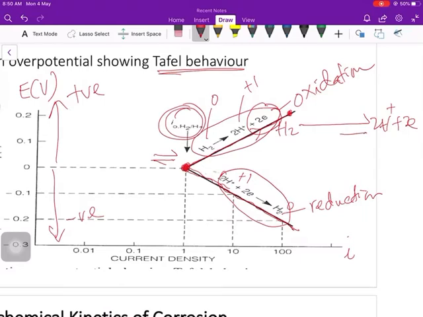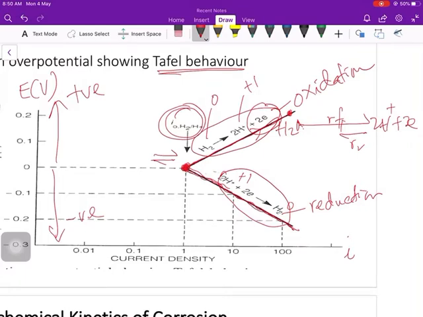So this oxidation is faster or more than the reverse. These are forward, these are reverse. This is more than reverse. That's why this process will move upward.